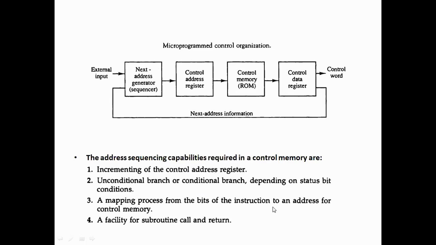this address of control memory from the actual instruction, which is done using the opcode part of that instruction. Then there may be a subroutine call, and now we have to return to a certain address.